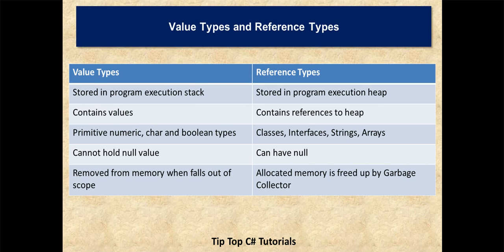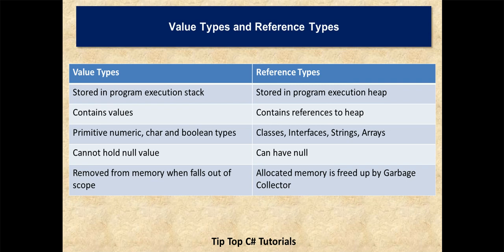And what are the examples for value types? Primitive numeric types such as integer, double, float, and we have character and boolean types. These are the examples for value types. And for reference types, it's classes, meaning that whenever you create an object of a class, it's a reference type. And we have interfaces. Whenever you have an implementation of an interface, that is a reference type.